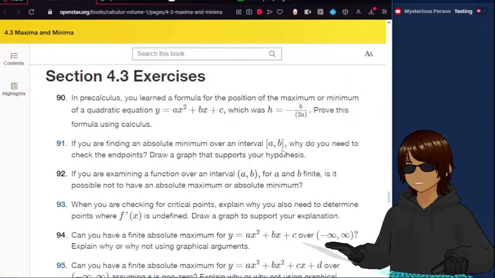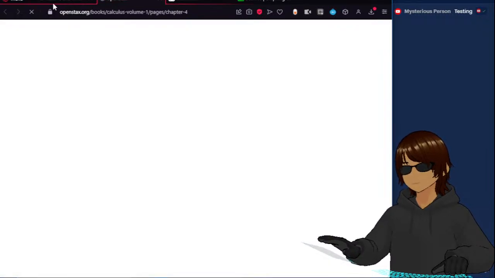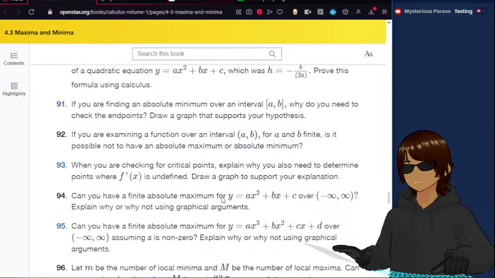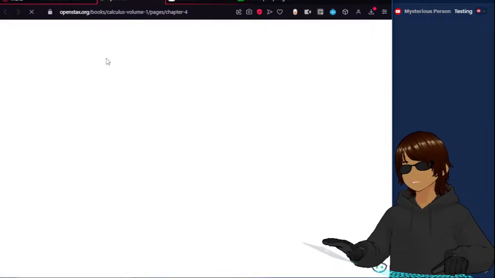I mean, the endpoints could be a minimum. That's why. The derivative may not be 0 in between the endpoints. So that's why one of the endpoints might be a minimum.